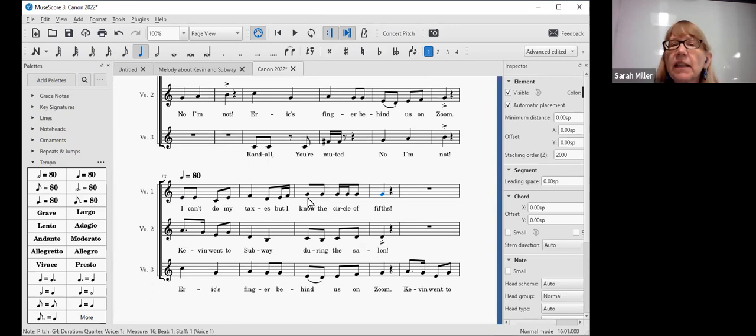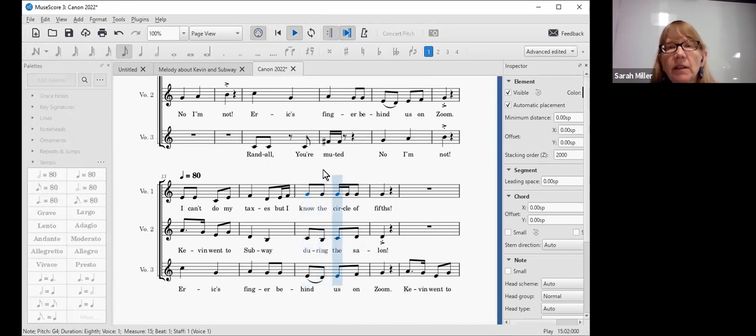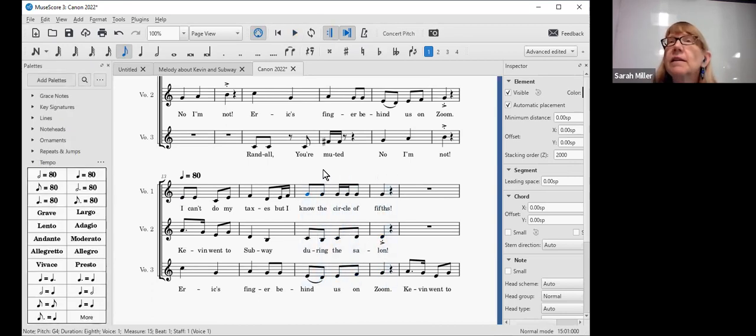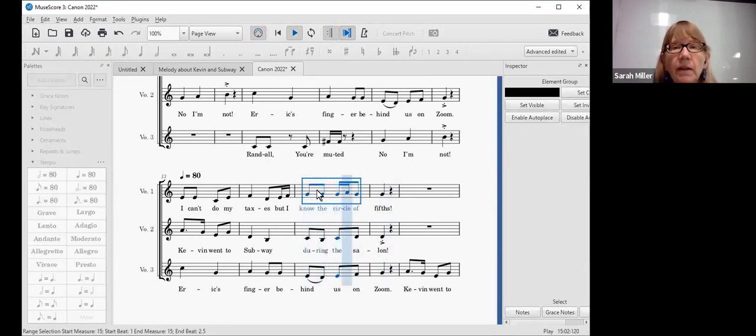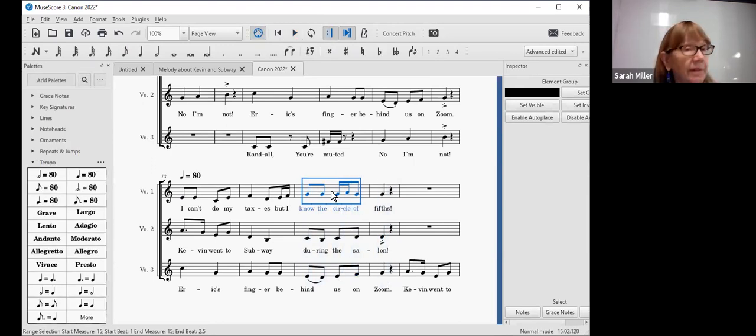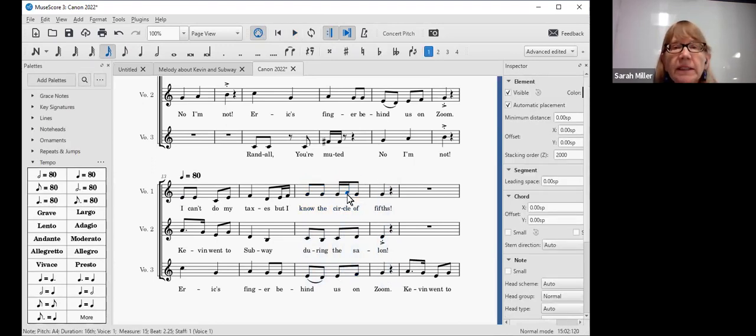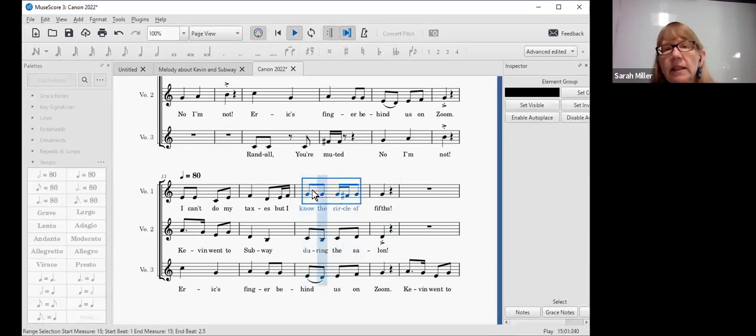Let's see, because this is, let's just listen to this measure and see if we like all Gs. And then we'll try the upper neighbor, which would be a whole step. Lower neighbor, I would say, let's make it a chromatic lower neighbor.